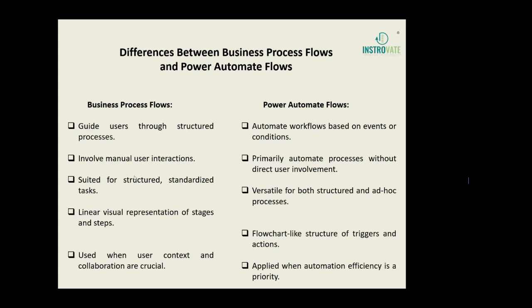And Power Automate flows are a flowchart-like structure of triggers and actions. Business process flow is used when user context and collaboration are crucial. On the other hand, Power Automate flow is applied when automation efficiency is a priority. So these are the main differences between business process flow and Power Automate flows.